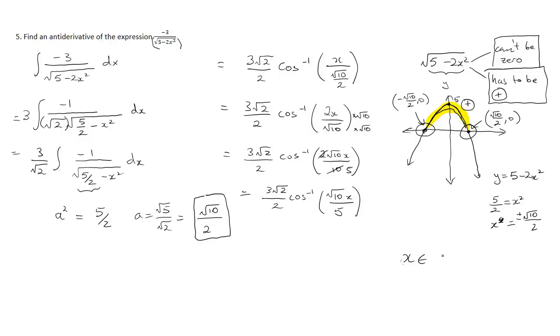So x values have to be between negative square root of 10 over 2 up to square root of 10 over 2, but not inclusive of them, because when you include them, the y value becomes 0. The moment the y value becomes 0, this whole denominator here will be 0, and you can't actually have a defined function.